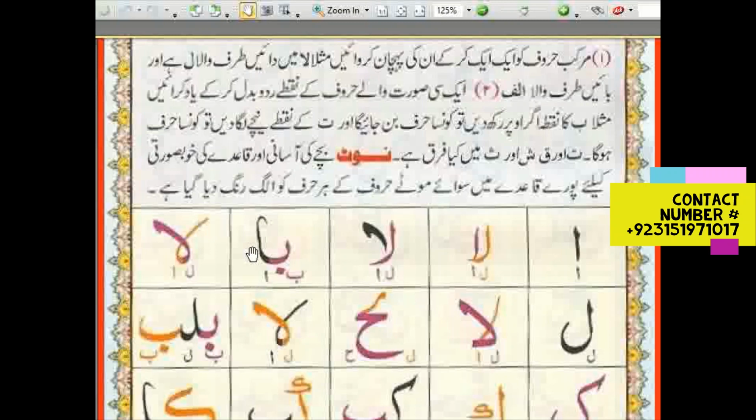Ba, alif. Lam, alif. The purple one now is lam and the yellow one, or the orange one, is alif. Lam, alif.